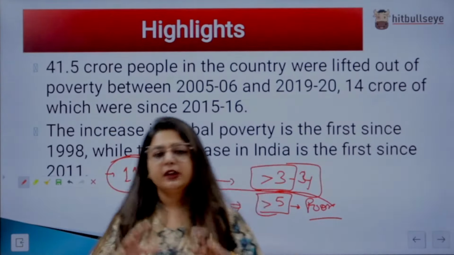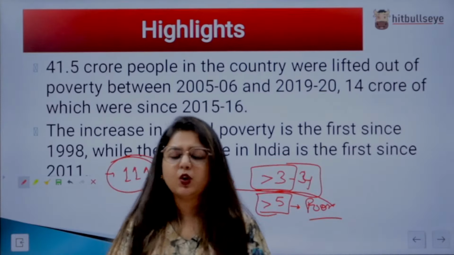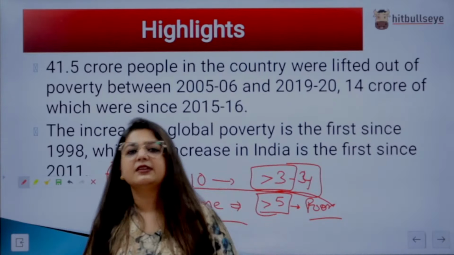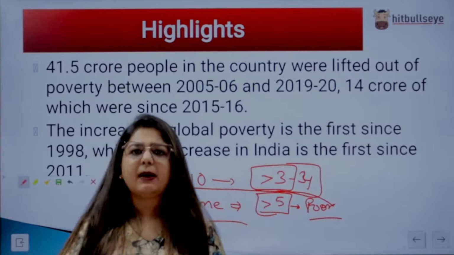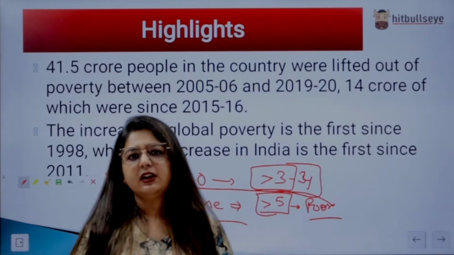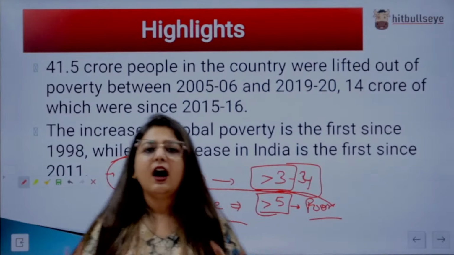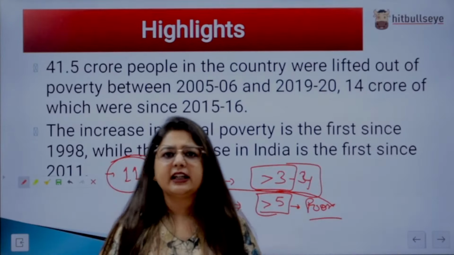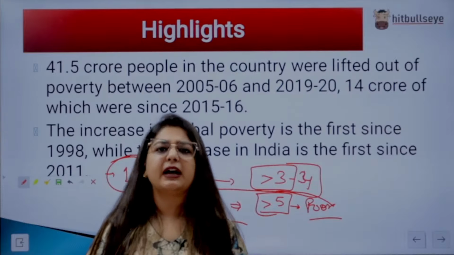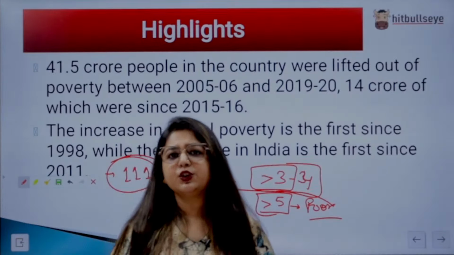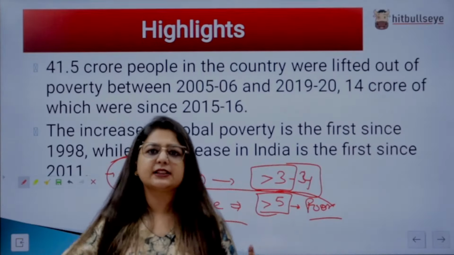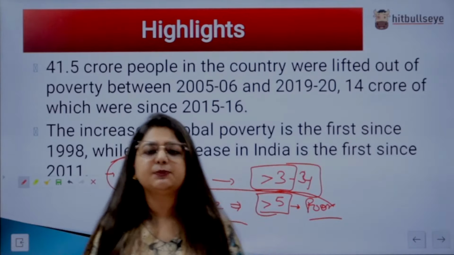So there is one more organization which has come up with this kind of report, that is the World Bank, which has also given a report on poverty, and it stated that overall, economies around the world have underperformed in eradicating poverty during the COVID-19 pandemic, especially with the Ukraine-Russia war at its peak right now.